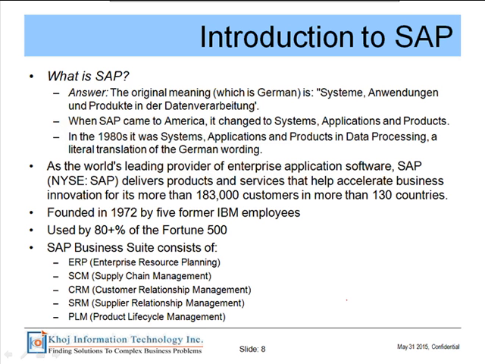The SAP Business Suite, which is the flagship product, consists of 5 products, right? Since it's a suite, it is made up of 5 products. The most significant of which is ERP, also called ECC. ERP stands for Enterprise Resource Planning.